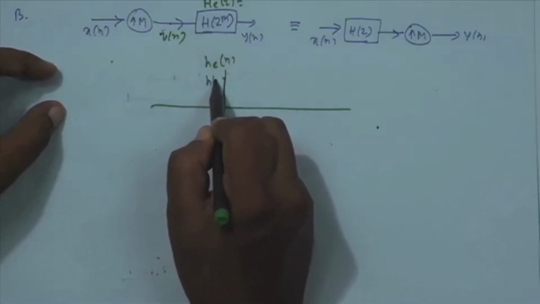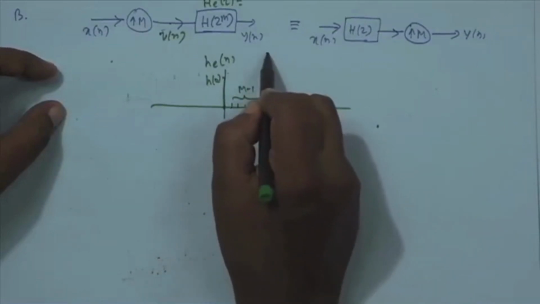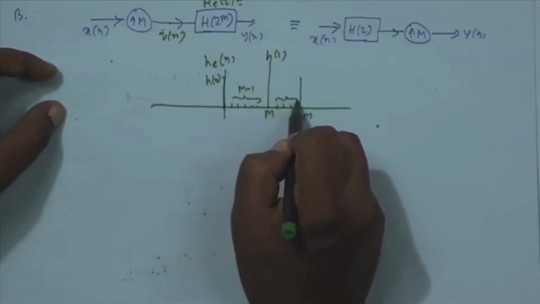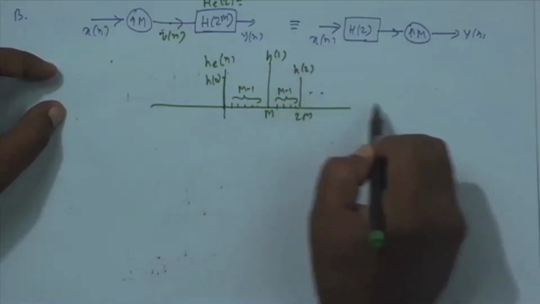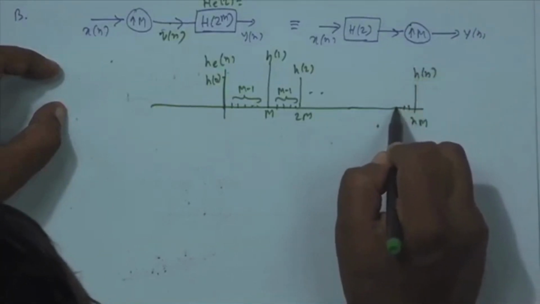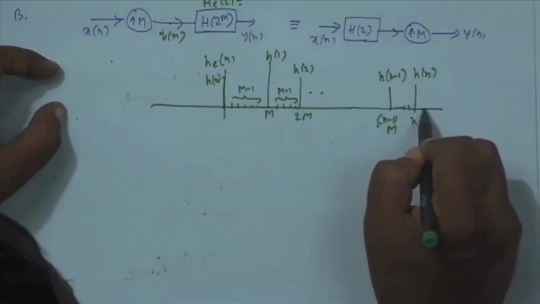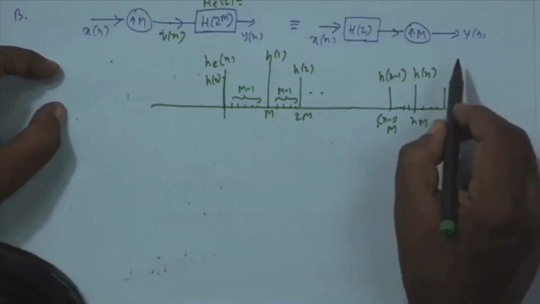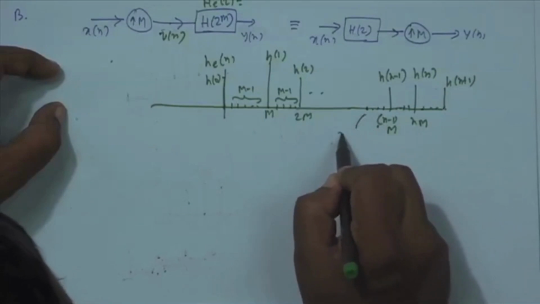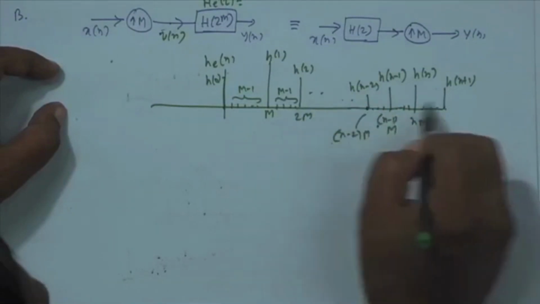So, h 0, then m minus 1 zeros, then h 1, this is the mth point, 2 mth, here you have zeros, h 2 dot dot dot, on this side say nth means h n, then zeros, n minus 1 times m, then again zeros, this is n minus 2, dot dot dot.